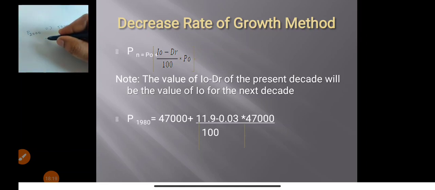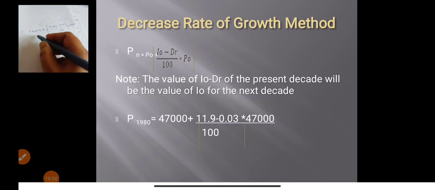So P1990 plus, this I naught value is 11.84 minus 0.03 divided by 100, and that should be multiplied with 58,804. First we solve the problem, 11.84 minus 0.03 divided by 100 into 58,804. Afterwards we add 58,804.